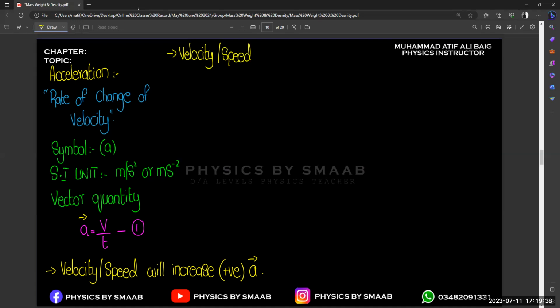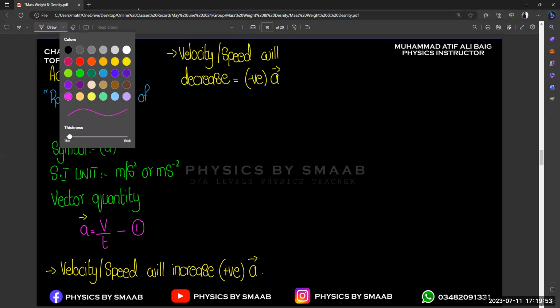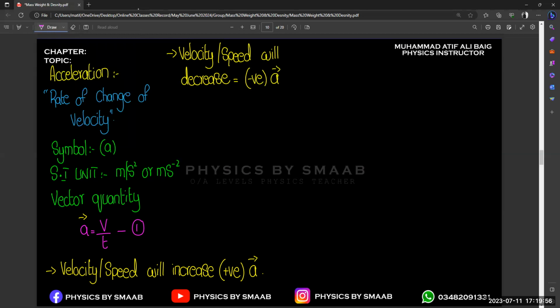So if the velocity or speed of a body decreases, that will give you negative acceleration, right? And this negative acceleration has some other names also, known as deceleration, or retardation. So these are different names for negative acceleration.